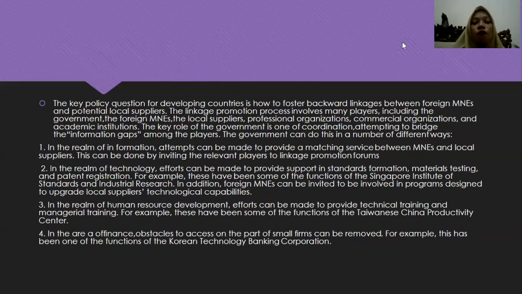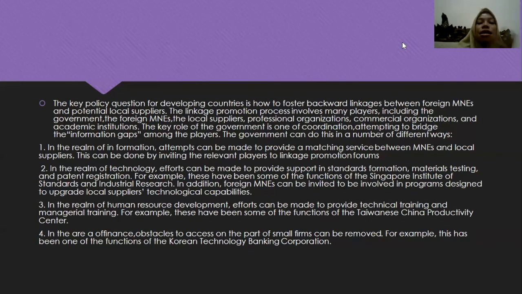In addition, MNEs can be invited to be involved in programs designed to upgrade local supplier technology capabilities. The third, in the realm of human resource development, efforts can be made to provide technical training and managerial training.